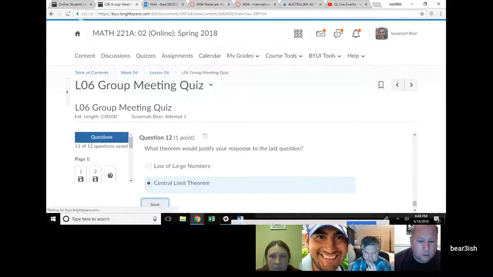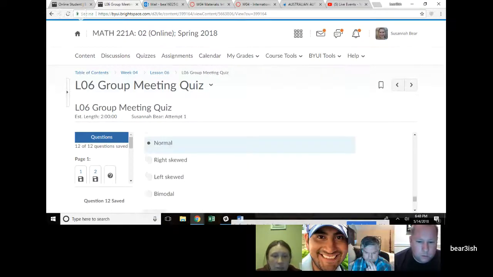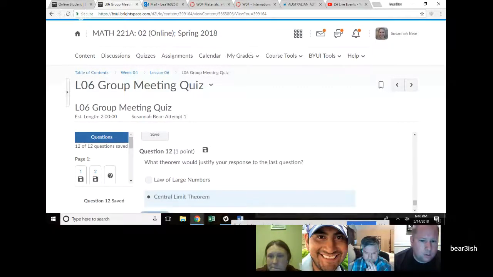Okay, and number 12, what theorem would justify your response to the last question? The law of large numbers or the central limit theorem? The law of large numbers. So it's talking about the shape, right?